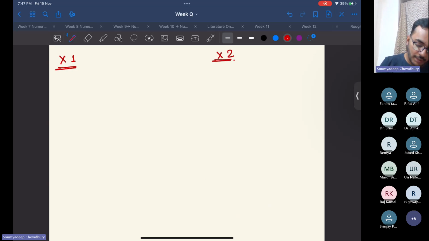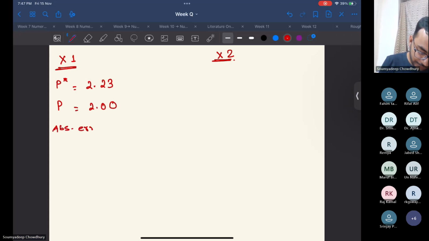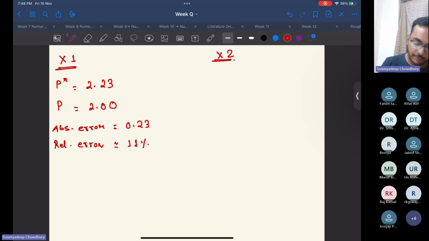Here the obtained value is 2.23 and your actual value is 2. So your absolute error is 0.23 and your relative error, as we found out, is approximately 11%.